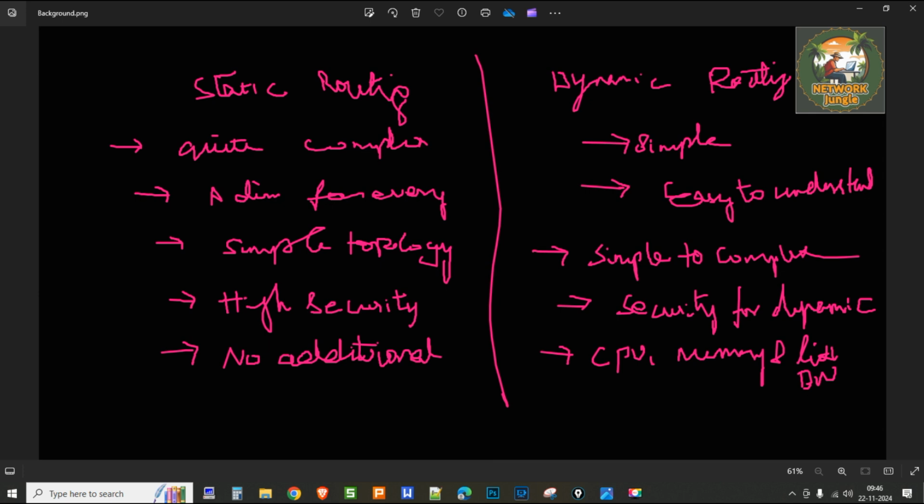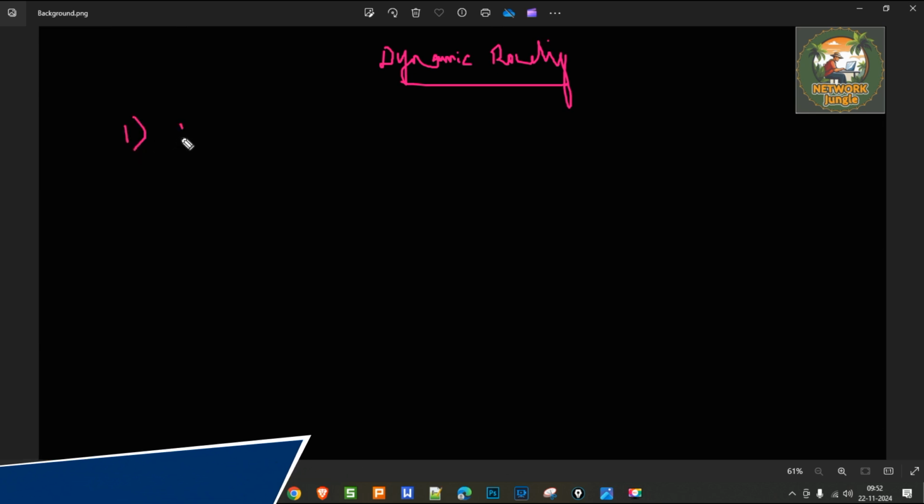Next. Now we discuss the main components of dynamic routing. There are 3 components available in the dynamic routing protocol for every algorithm. The first one is the data structure.